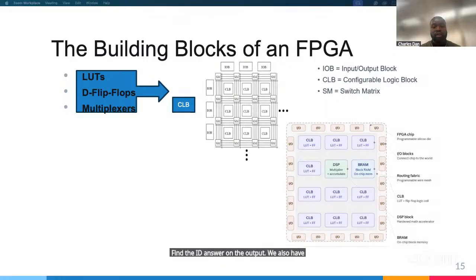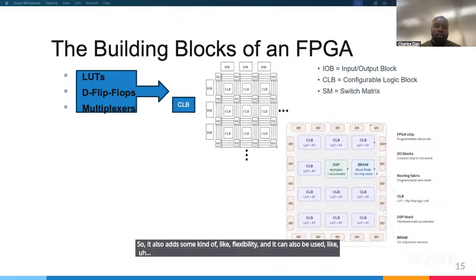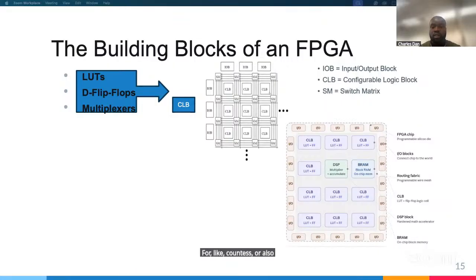We also have the D flip-flop, which gives your circuit memory. It holds a single state from one clock cycle to the other. So it also adds some flexibility, and it can be used for counters, a state machine, or you can also have a pipeline from there.